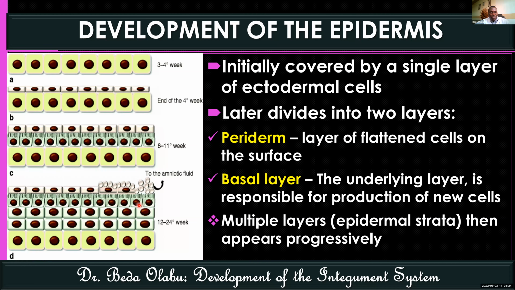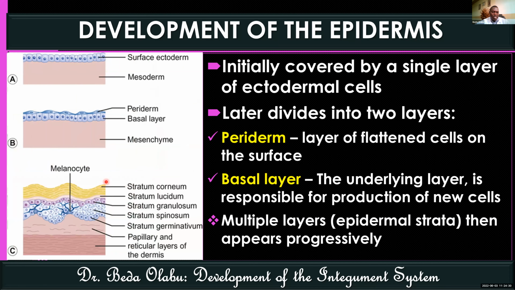So this happens progressively. The stratification of the epidermis is a progressive concept. Towards term, even the keratin layer has now been formed. By the time the baby is being born, the epithelium is already keratinized.